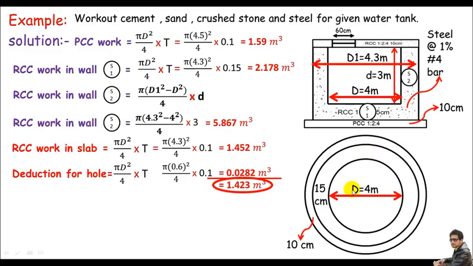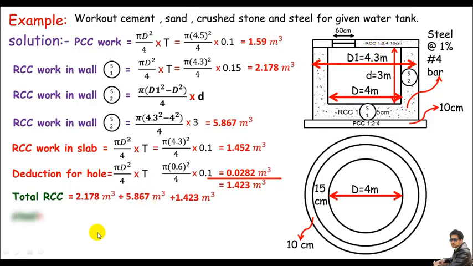So I can get the total RCC work equals 2.178, which is RCC work in wall segment 1, plus 5.867, which is the RCC work in wall segment 2, plus the RCC work in the slab, right? So add all these together, you can get, of course, 9.468 cubic meter, right?